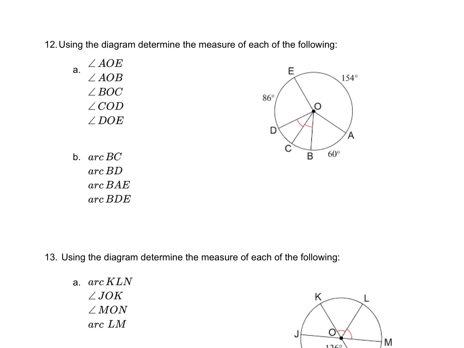So for number 12, we're going to use the diagram to determine the measure of each of the following angles. Now remember, all of these angles are considered central angles.